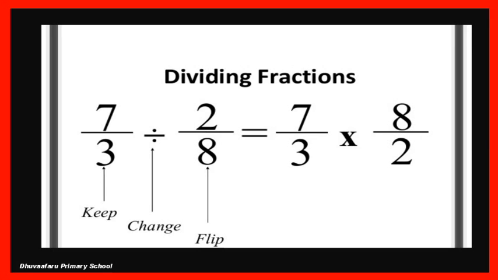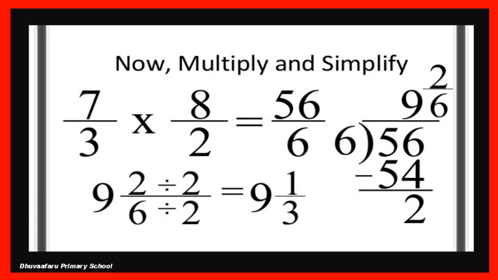You have to write the times. 7 by 3 times 8 by 2. Once again you have to multiply the numbers. 7 times 8 equal to 56 by 6, and 3 times 2 equal to 6.